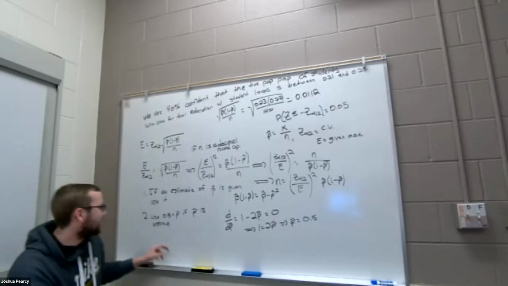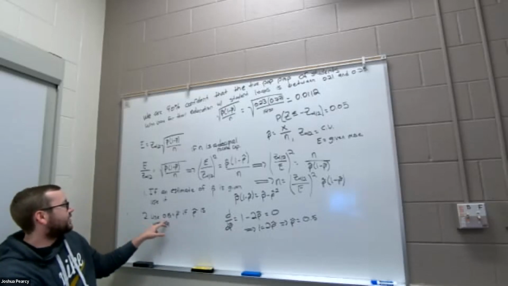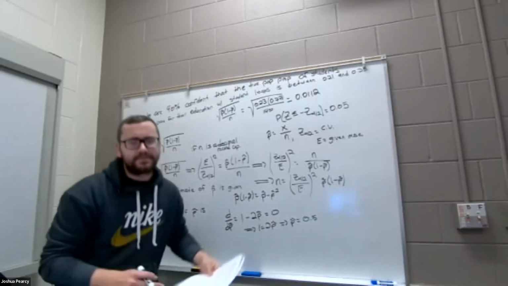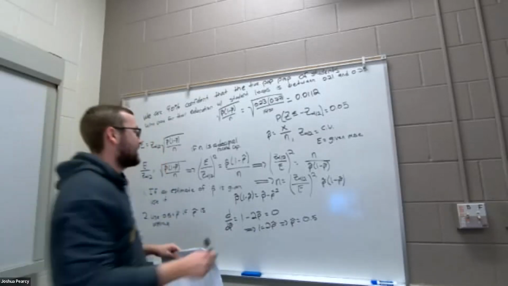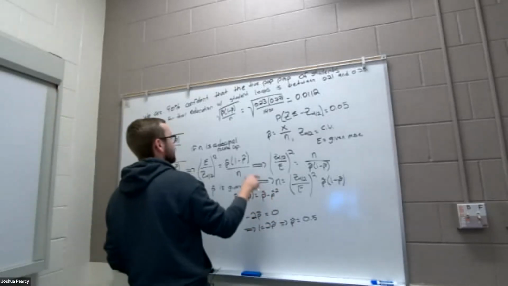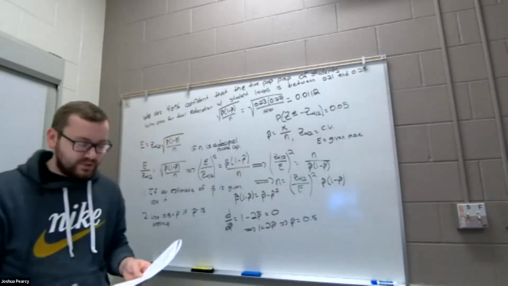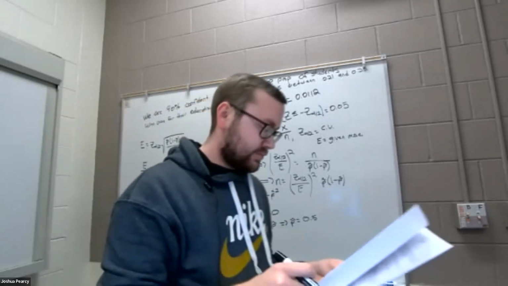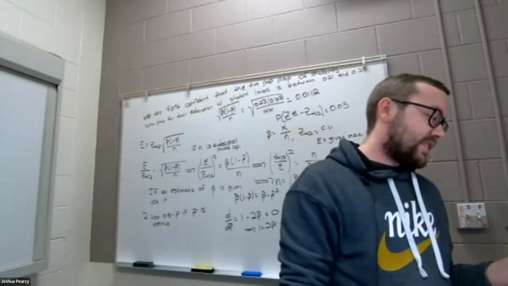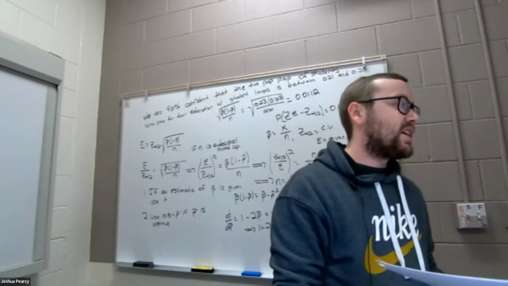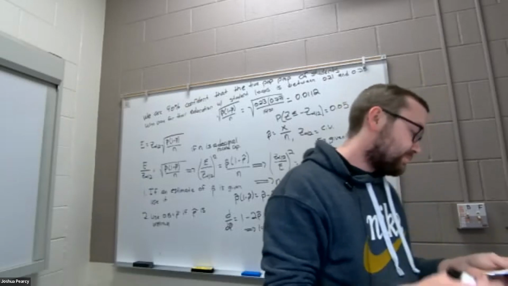Use 0.5 if p hat is unknown, because it will maximize the sample size. That's why it says right here: when p hat is 0.5, then p hat times 1 minus p hat is at its maximum.